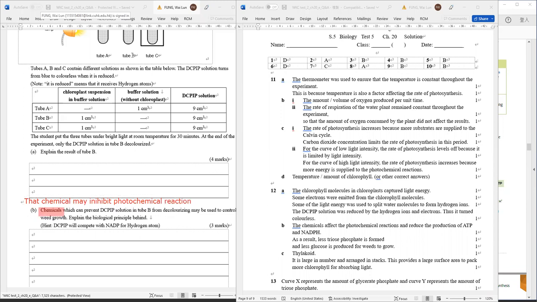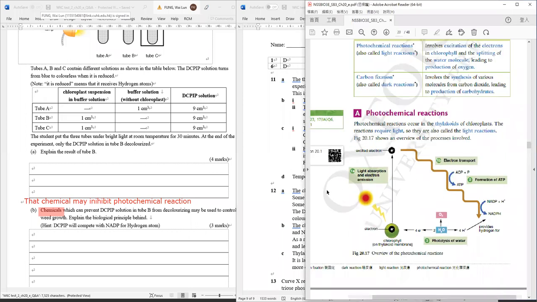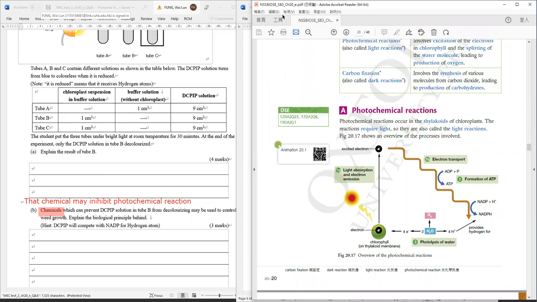As a result, you cannot absorb the light energy, you cannot do the electron transport, you cannot bring the energy to photolyse water, to break down the water molecule. You cannot form NADPH.